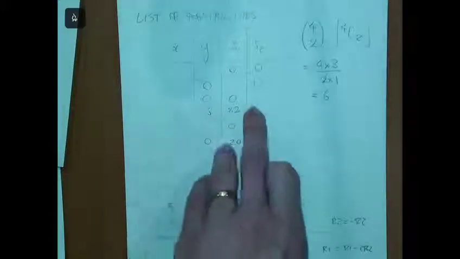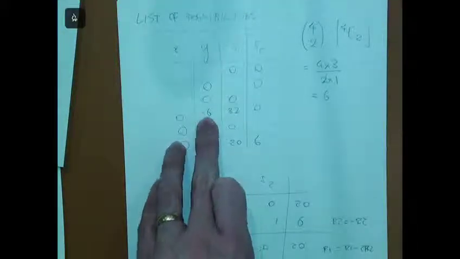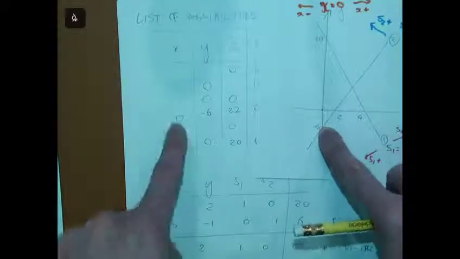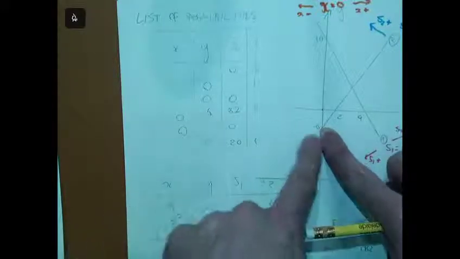So this point is on the y-axis. It's on line S2. It's on the wrong side of the x-axis, and it's on the correct side of line S1. Its x-coordinate is 0, its y-coordinate is minus 6. That's this point here. And I'll just continue until I've found them all.